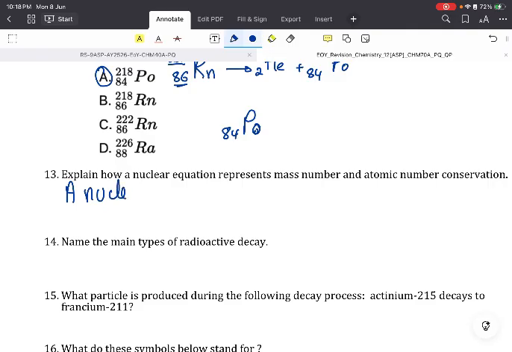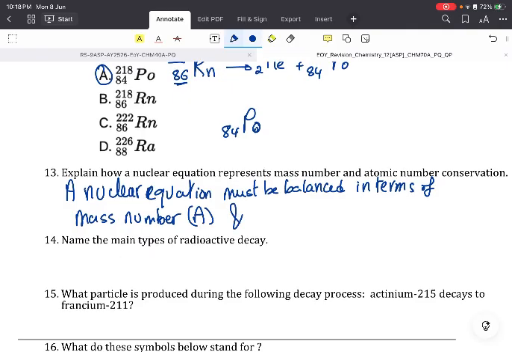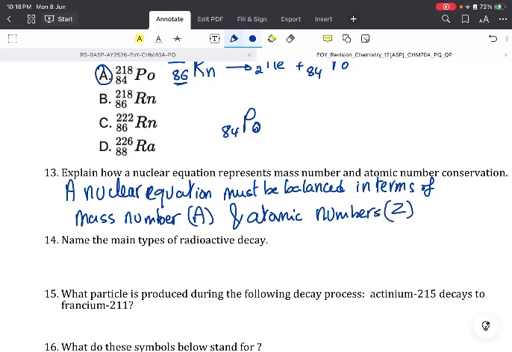So a nuclear equation must be balanced in terms of mass number on both sides, A, and atomic numbers on both sides, which is the one written to the left side below. Symbol is Z. So it's like this, A and Z.